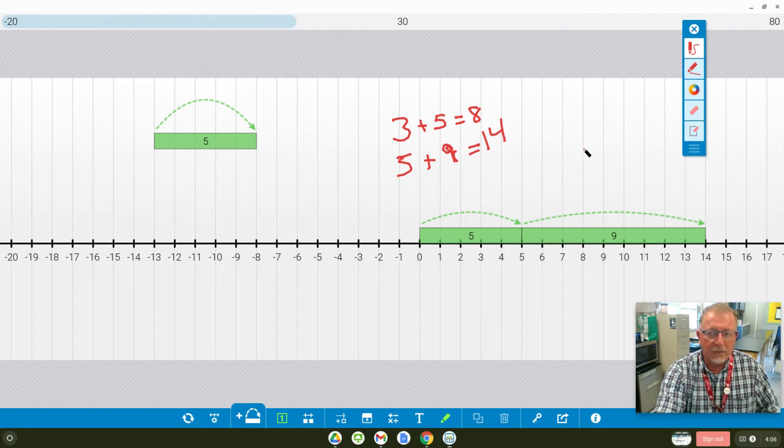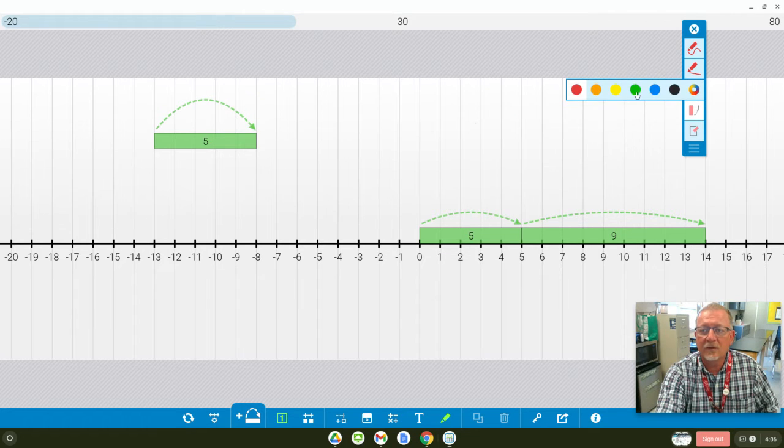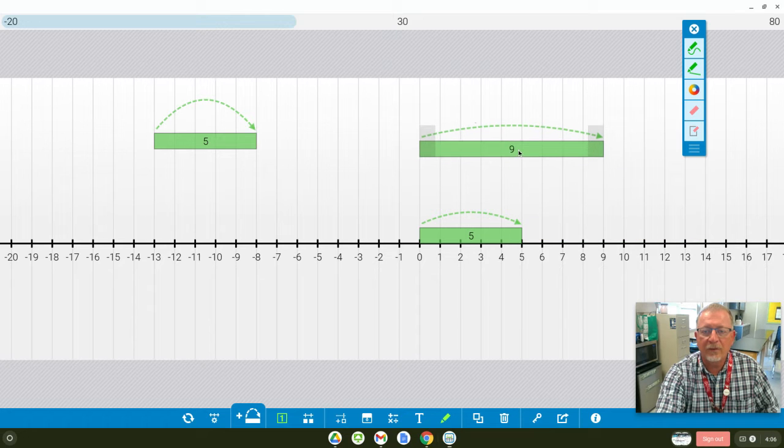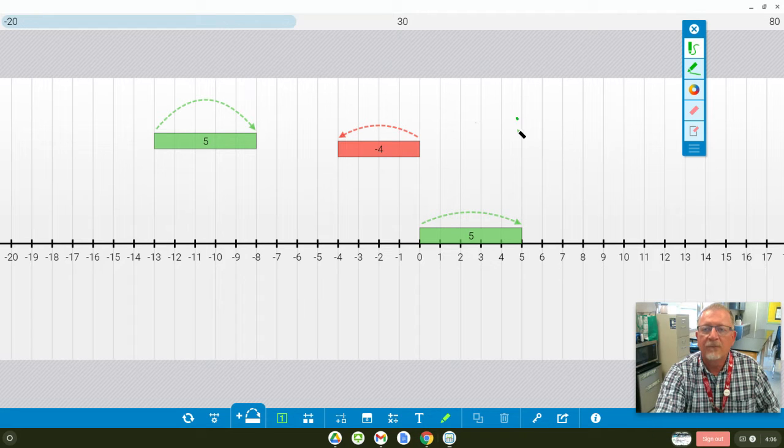So it gets a little different when we're talking about negative numbers. Let's say we start off with a positive number. We're going to start off with 5 again. So we'll start there at 5. But now we're going to go negative. We're going to say 5 plus negative 4.